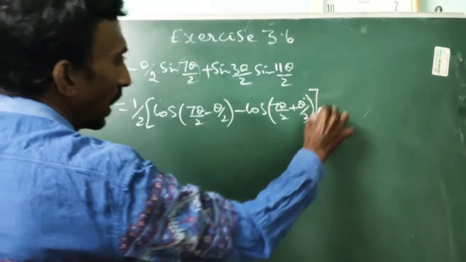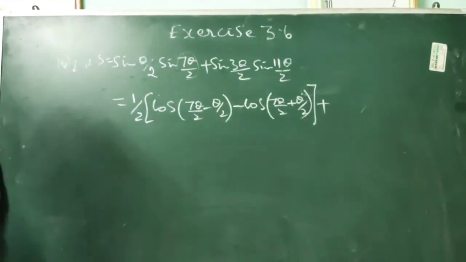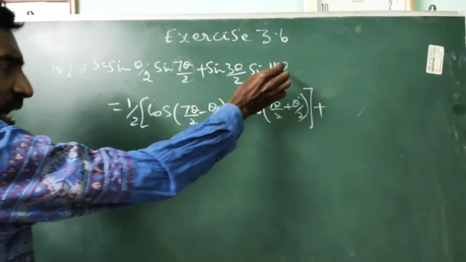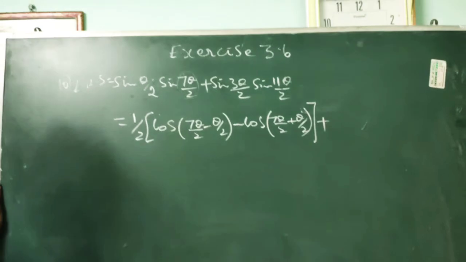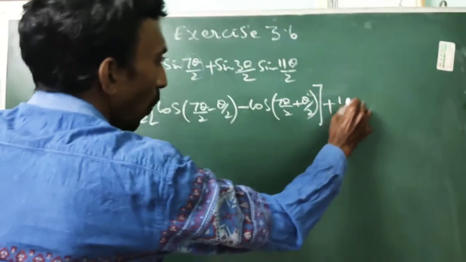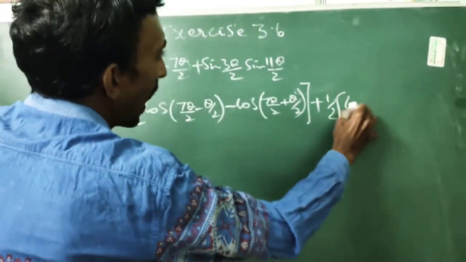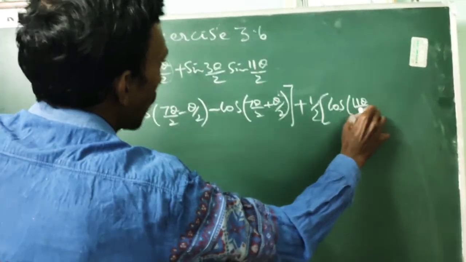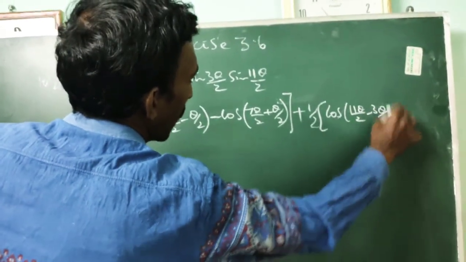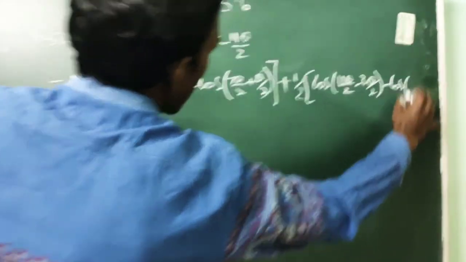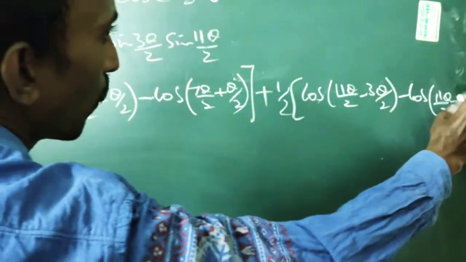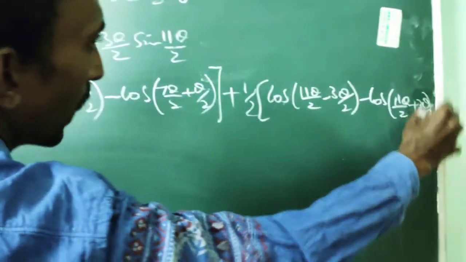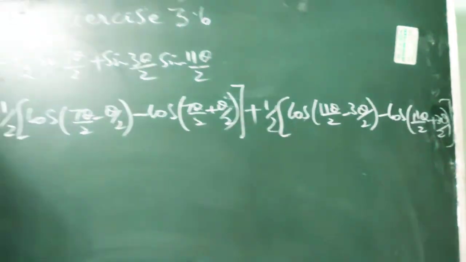Similarly, the same formula for the second term, but take A as 11 theta by 2 and B as 3 theta by 2. So 1 by 2 [cos(11 theta/2 minus 3 theta/2) minus cos(11 theta/2 plus 3 theta/2)].